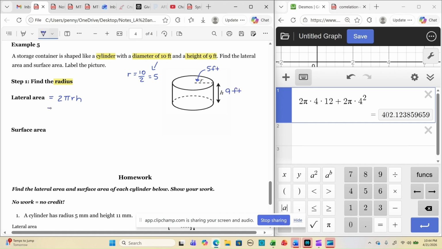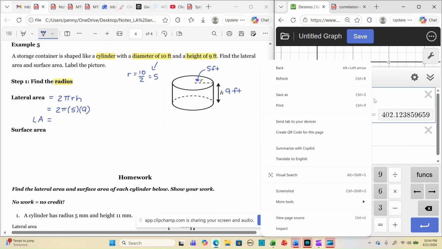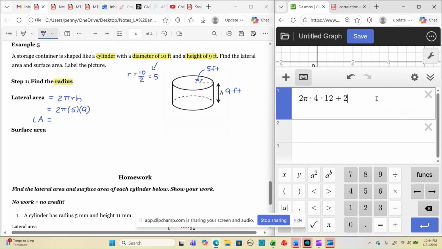So I have 2 pi times a radius of 5 times a height of 9. Right, so I have 2 pi times 5 times 9. That gives me 282.7. And that's going to be feet squared.